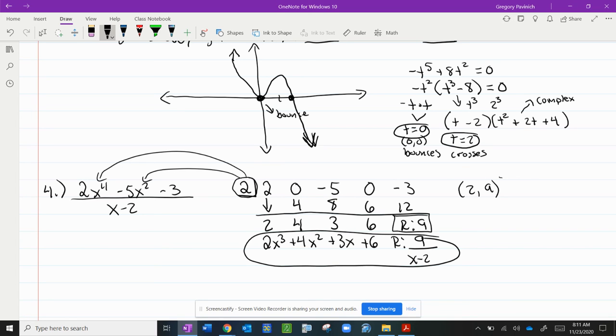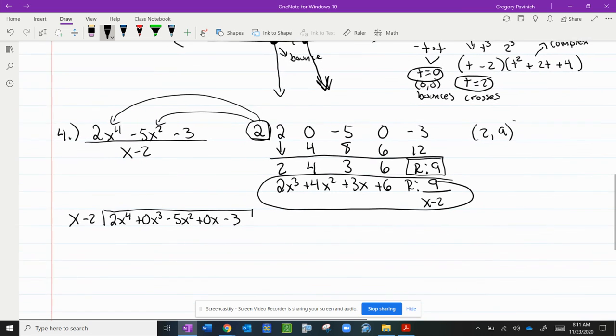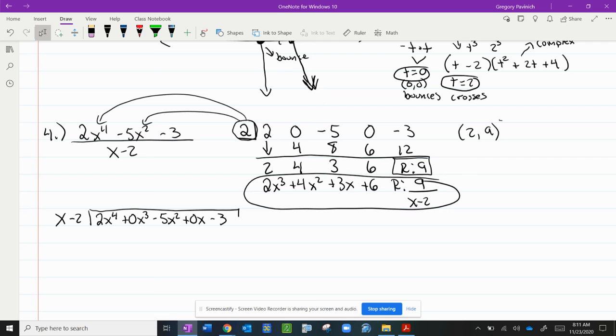I did synthetically divide first because I know that that answer is right. Synthetically dividing is not necessarily easier, but there's a lot more error when you're doing long division. So at least I know my answer over here.